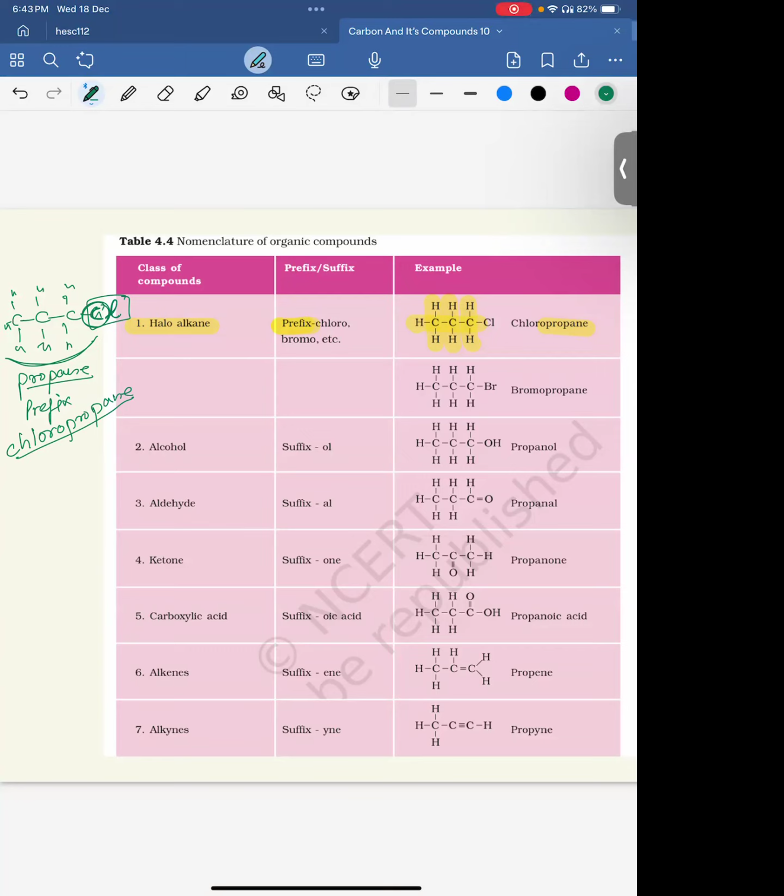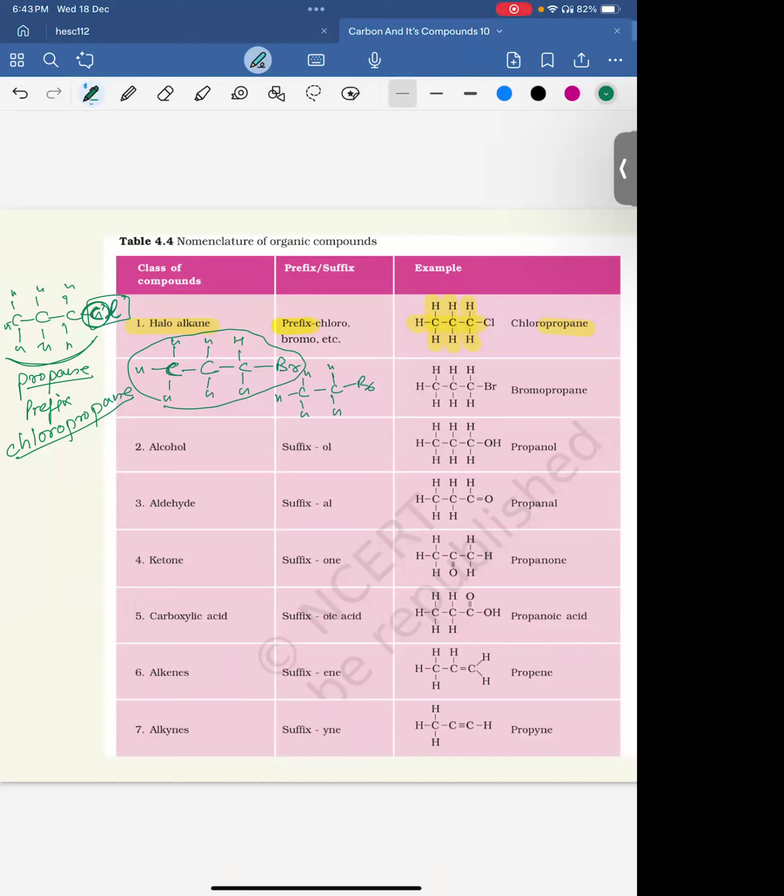Okay. For example, what is the name of this compound? Anyone? Ma'am, three carbons, one bromo, one bromopropane.